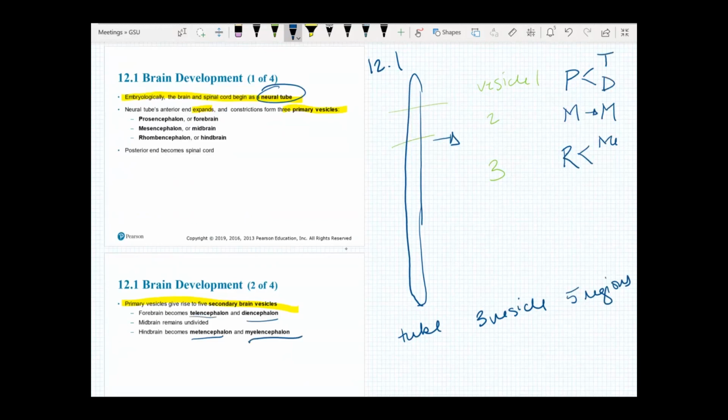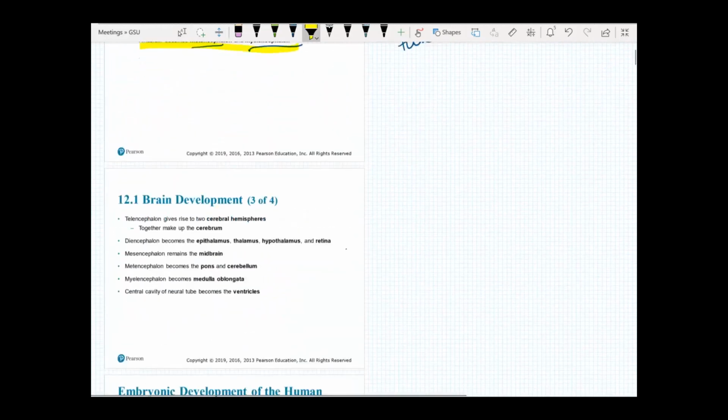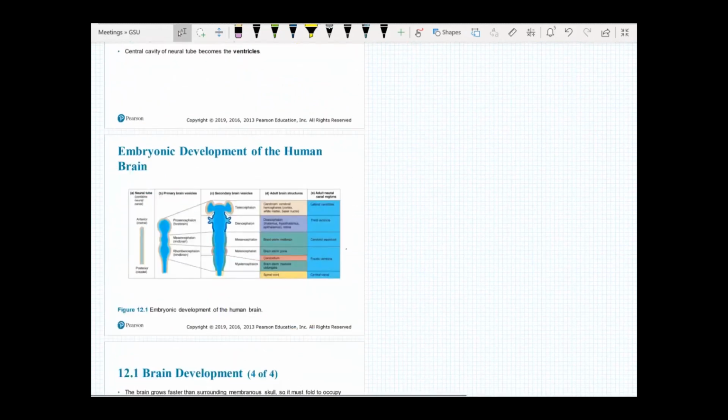So this is the way I like to remember how the vesicles of the brain get developed. Remember, one neural tube to 3 vesicles to 5 regions. Here is a great example of that. So here's our region 1, region 2, region 3, and then your spinal cord will continue.